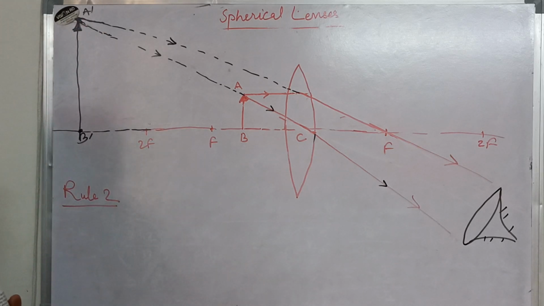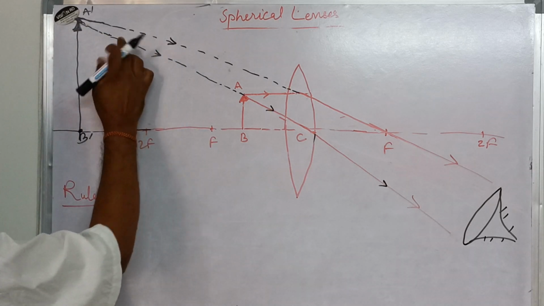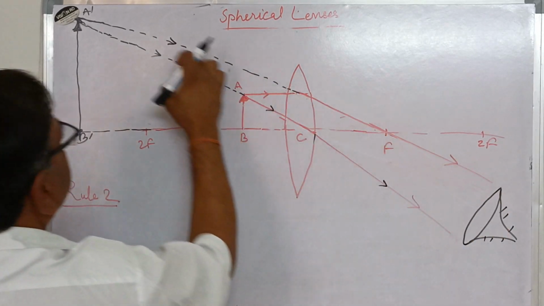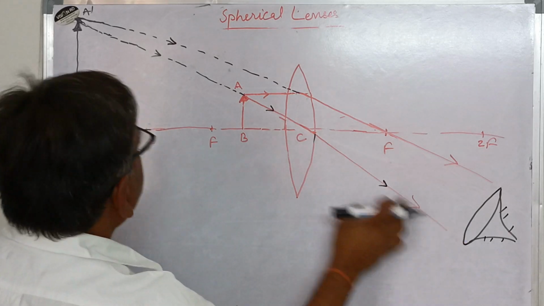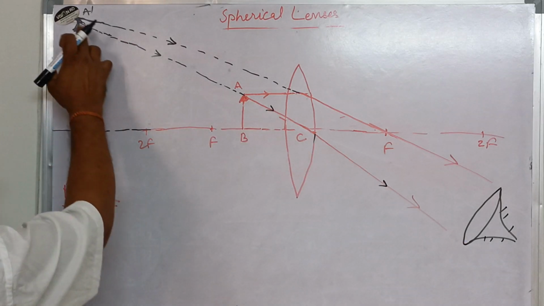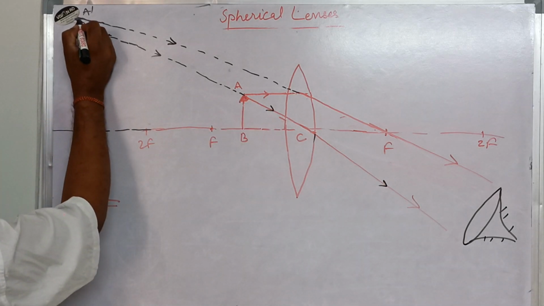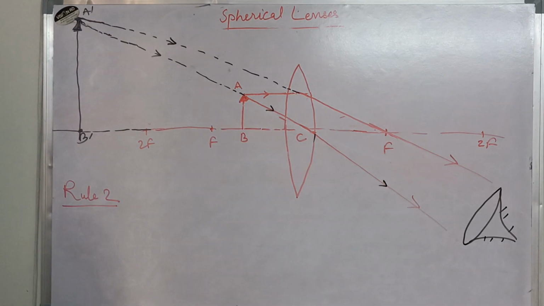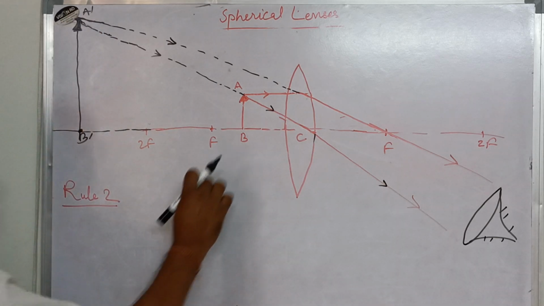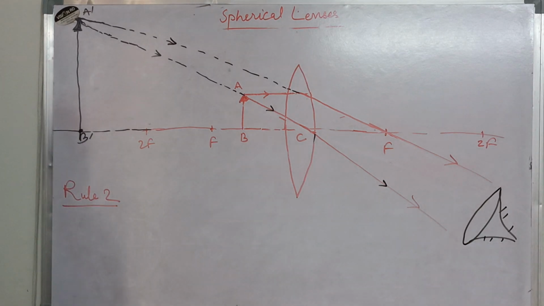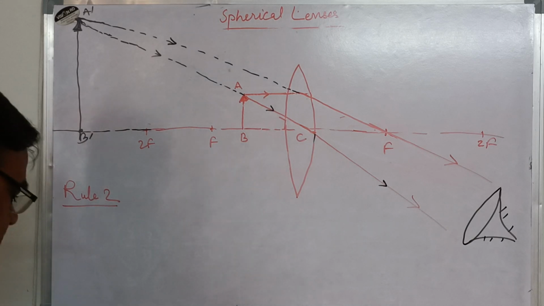Since the rays don't actually meet, you can feel that this ray is coming from here and this ray is coming from here, and both cut here, so the image of A will be formed here, A dash. So this A dash B dash is the image of the object AB. This image is not real, it is virtual.